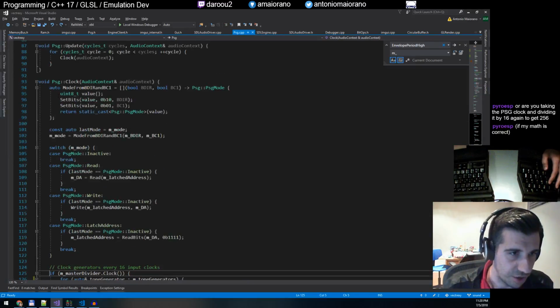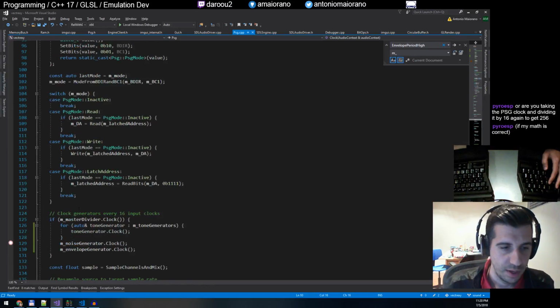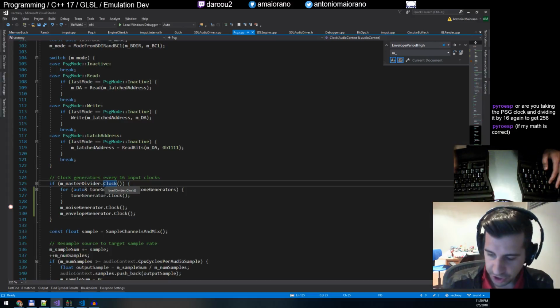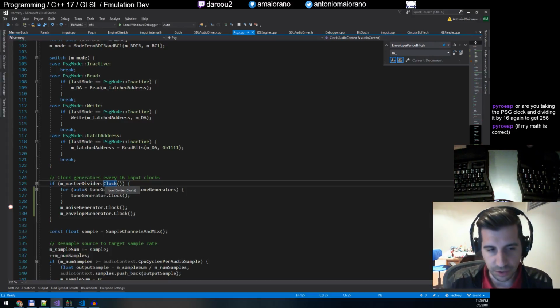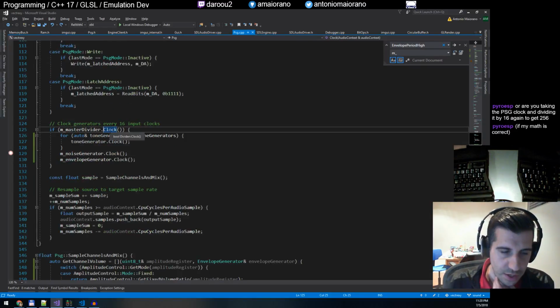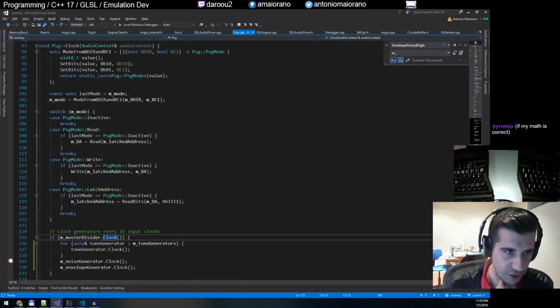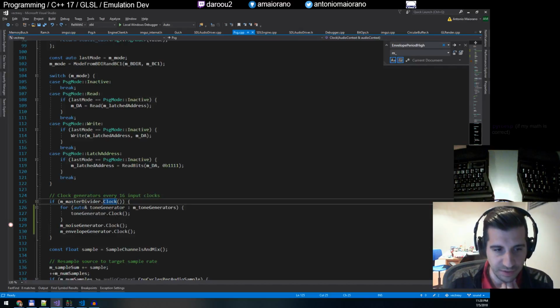This function here on the PSG gets called every CPU cycle, right? Every CPU cycle, I call this master divider's clock function. This counts down 16 times. Once it's done, on its 16th, it'll return true, and it'll reset internally, okay? So that means what happens in here happens 1/16 of the time of the number of times we call clock. So 1/16 of the CPU's frequency.